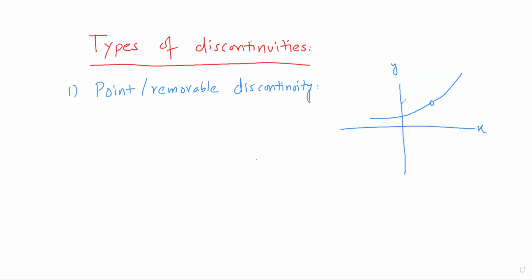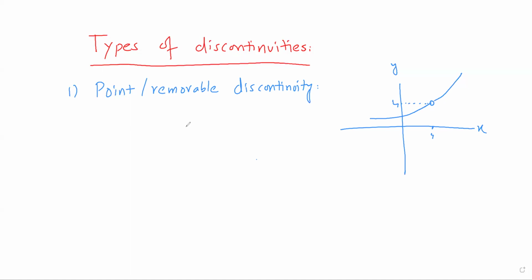Here we will have some value, let's say 4, and here we also have 4. So this is point or removable discontinuity. As you can see, we can redefine the function at this point, x equal to 4.